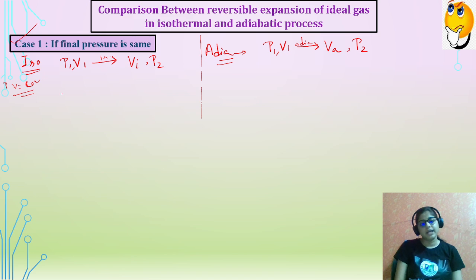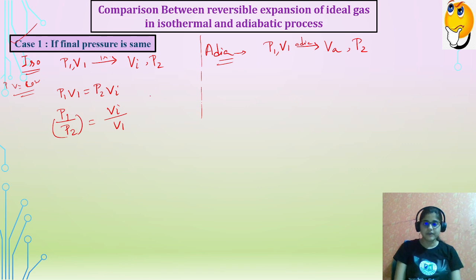So P1 V1 will be equal to P2 Vi. Again we can write P1 by P2 will be equal to Vi by V1. So expansion, right? So Vi will be greater than V1.